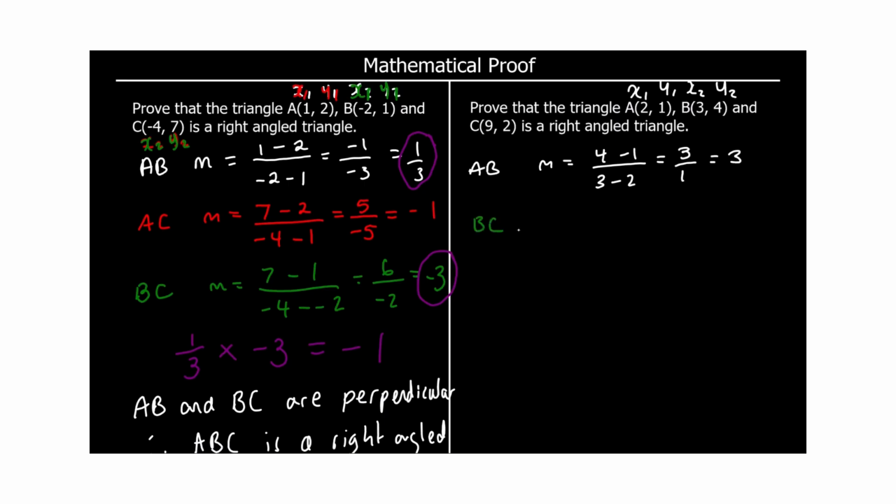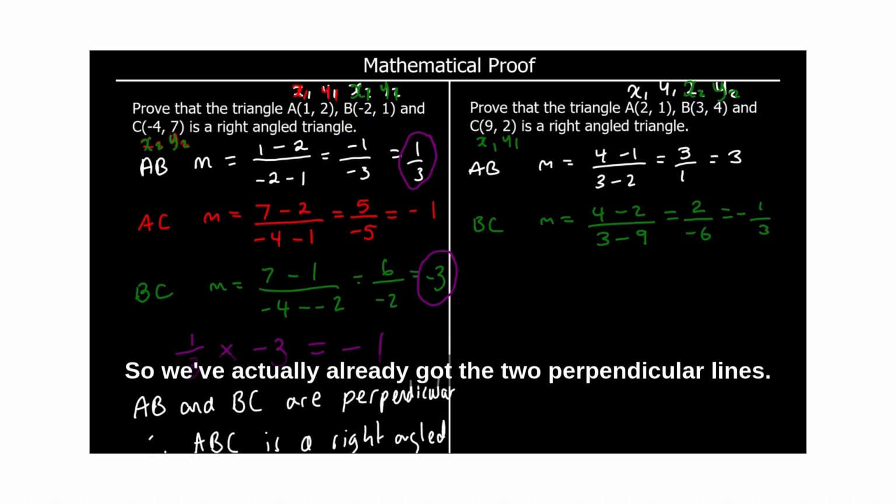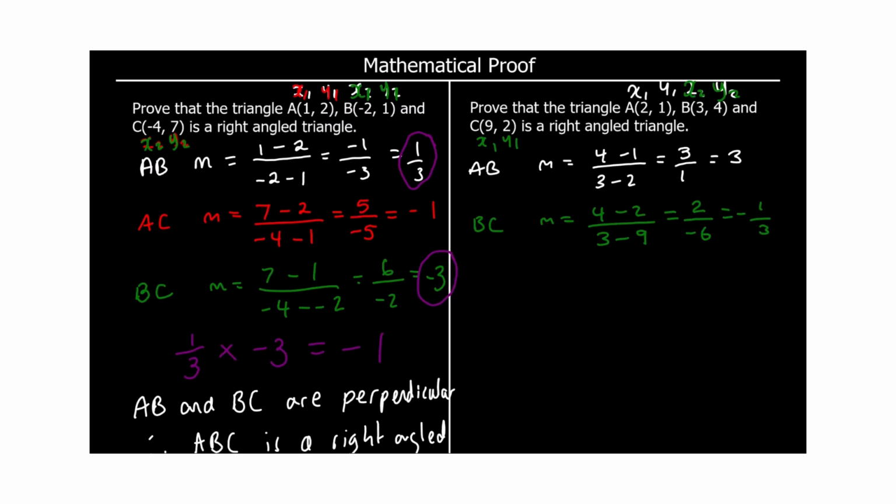For BC, let's have x1, y1, x2, y2. Change in y over the change in x. So y2 minus y1 over x2 minus x1. That's 2 over negative 6, which is minus a third. So we've actually already got the two perpendicular lines. I will just do AC as well. So x1, y1, x2, y2.